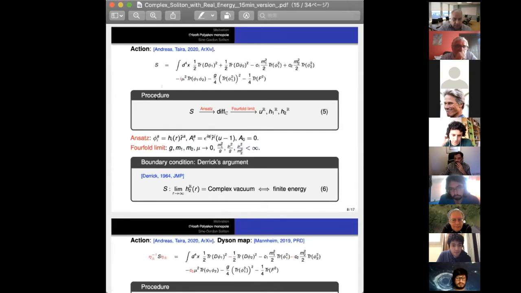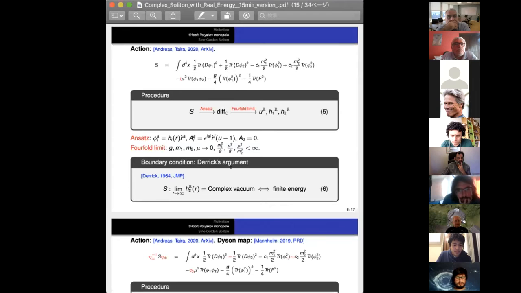So I have done that for this particular action. This action is complex. It's non-Hermitian. Now, this solution has some freedom that one needs to fix, and to do that, you put a boundary condition. The condition that I want is that this solution has finite energy.